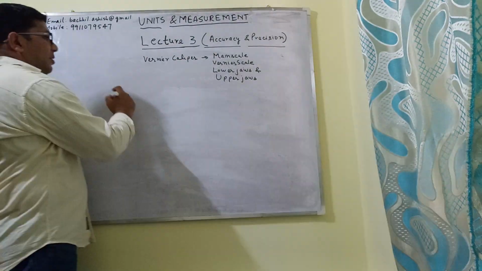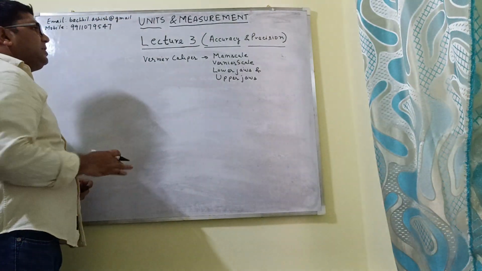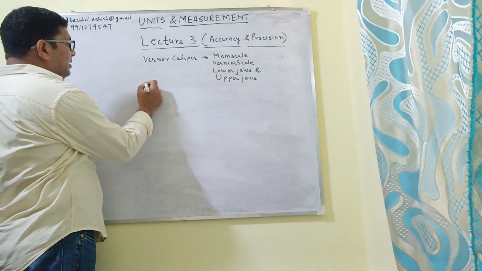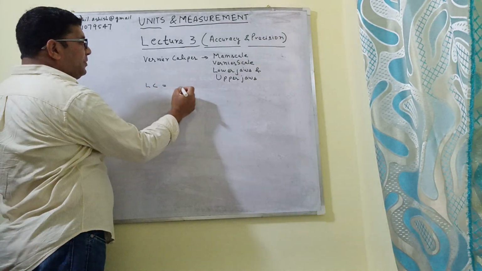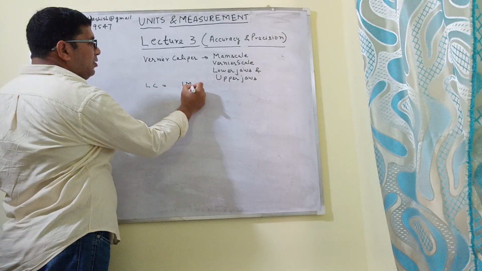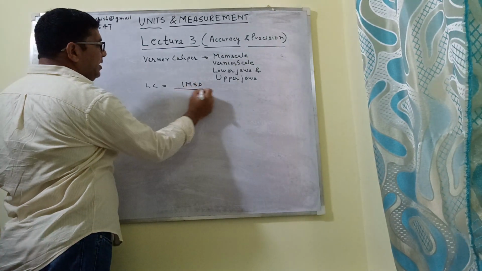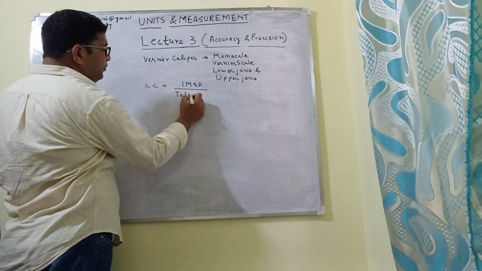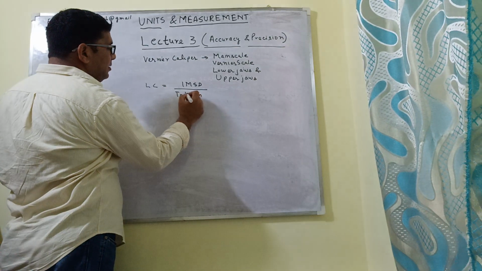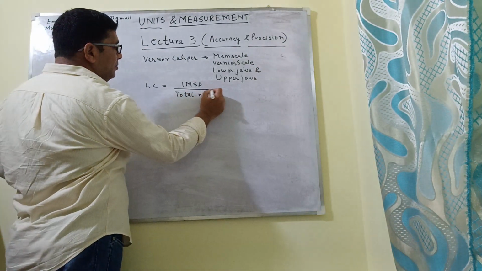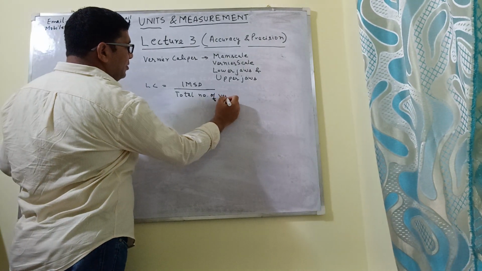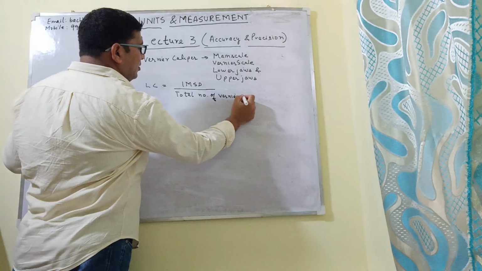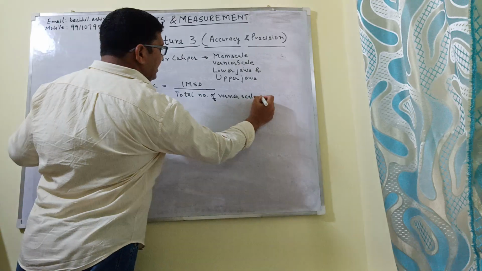Now, as I have already explained in the previous lectures, the least count of a vernier caliper is equal to the value of 1 main scale division divided by the total number of vernier scale divisions.